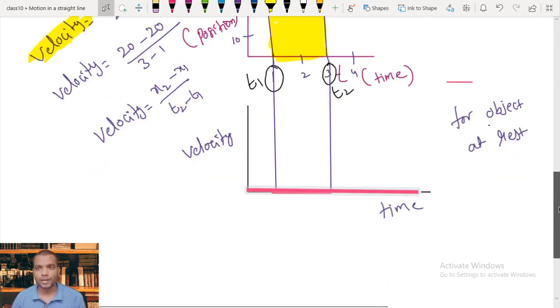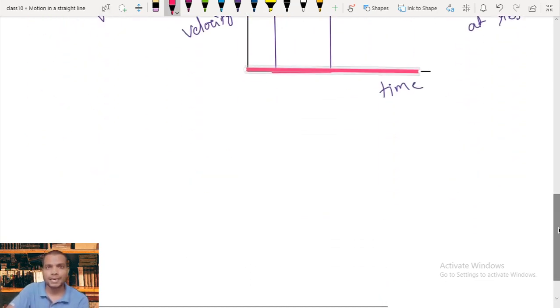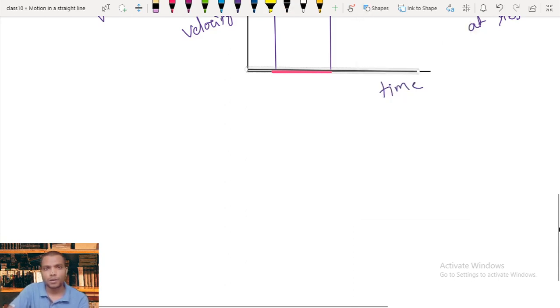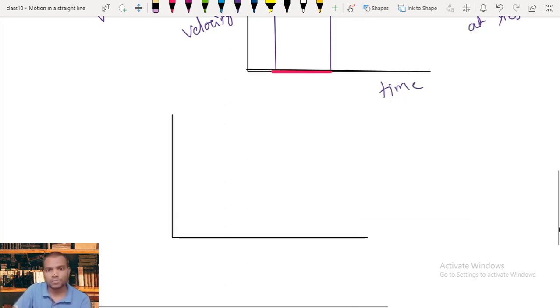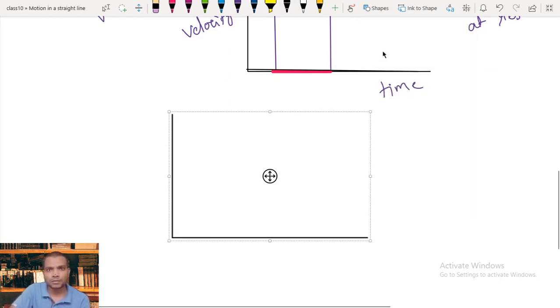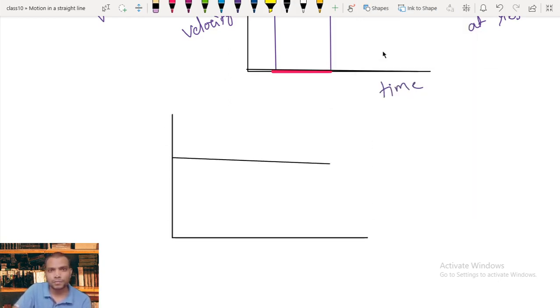Okay, so finally I can conclude by saying this: if an object is at rest, that is represented with a straight line.